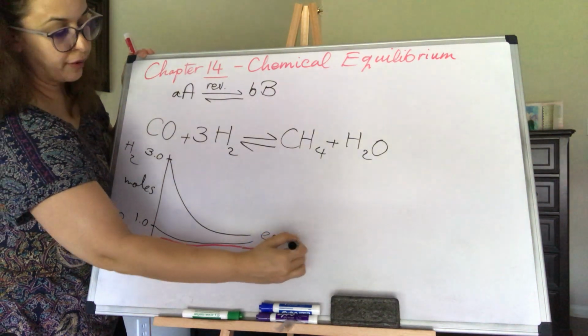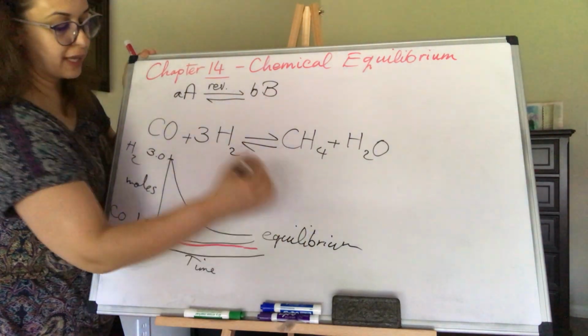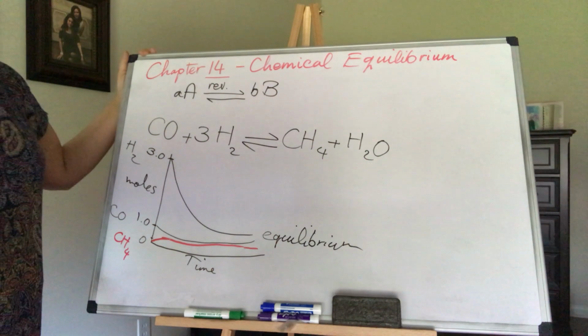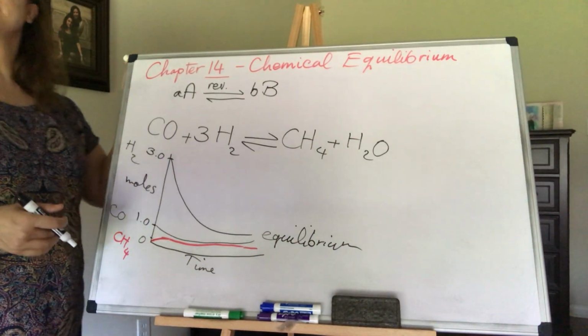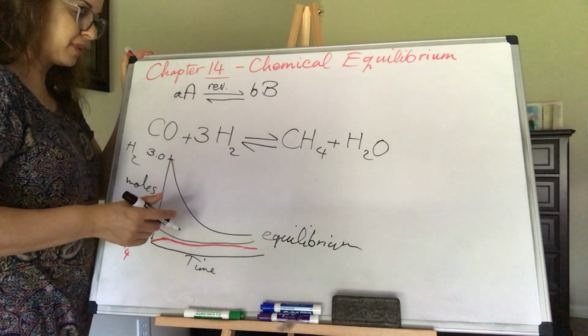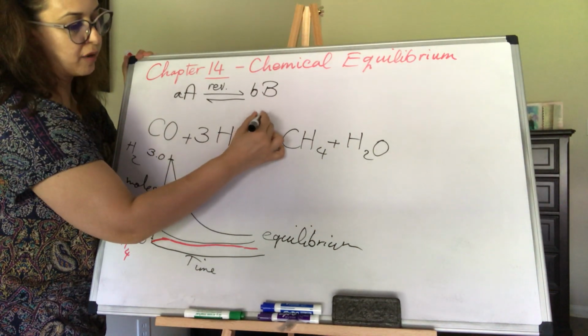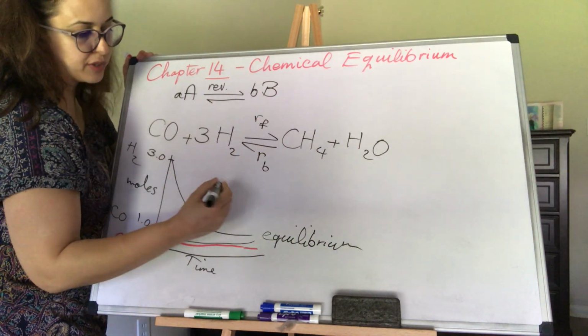You see, they are not becoming equal, but they all reach a steady amount, which is called the equilibrium amount. So, if we want to describe the reaction, equilibrium is the state where the rate of forward reaction becomes equal to the rate of backward reaction.